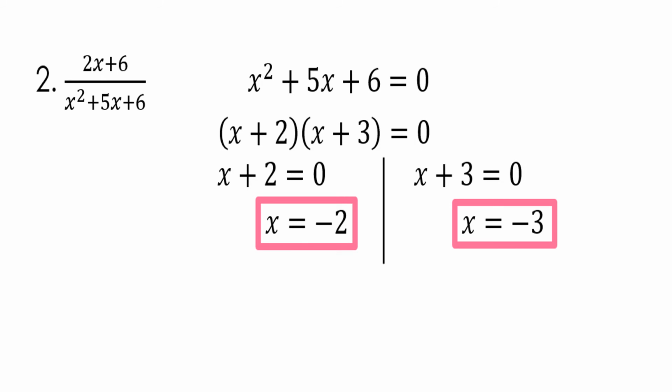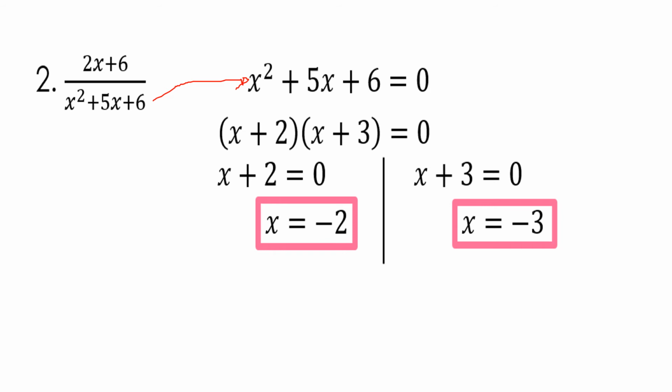Next, we have here 2x plus 6 all over x squared plus 5x plus 6. You just copy the denominator, then equate it to 0, and then solve for x, or solve for the restriction. We can apply factoring here.